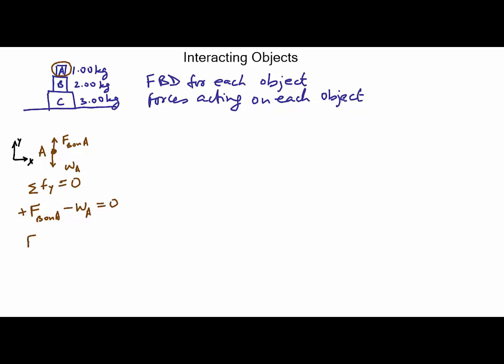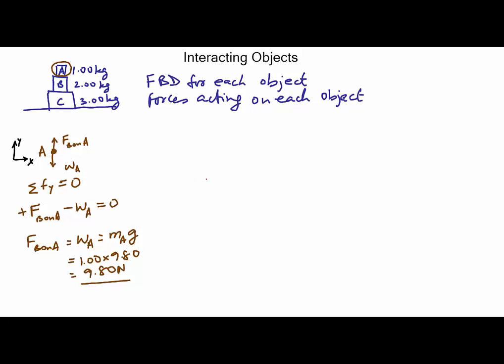This gives me F_B on A equals Wa, which is Ma times g, and so that is 1.00 times 9.80, which is 9.80 newtons. So that's the free body diagram for object A, and those are the forces.